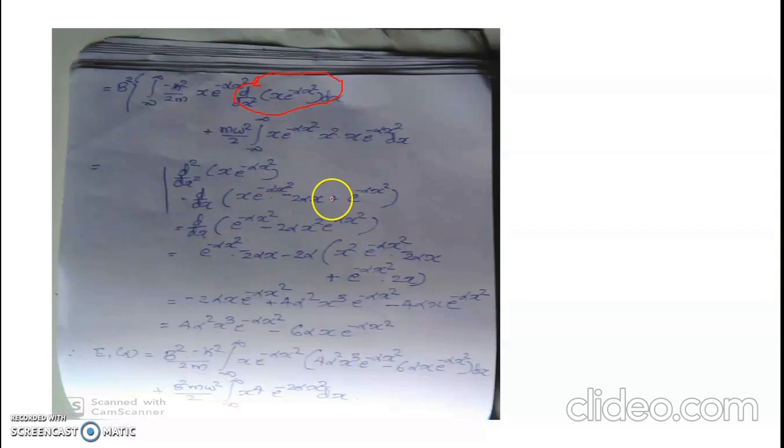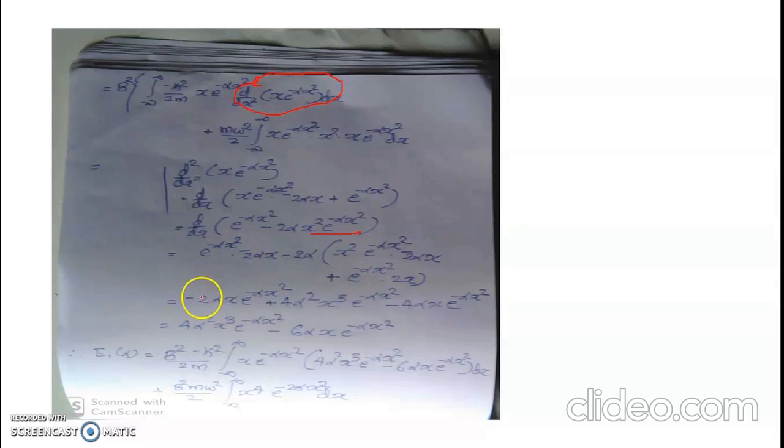This term is rearranged. Again, we have two different terms here that are to be differentiated. Derivative of e raised to minus alpha x square, the first term that is written here. Minus 2 alpha is constant. Now we will have to apply the product rule of differentiation here: x square into the derivative of e raised to minus alpha x square, plus the second function e raised to minus alpha x square into the derivative of x square, that is 2x.